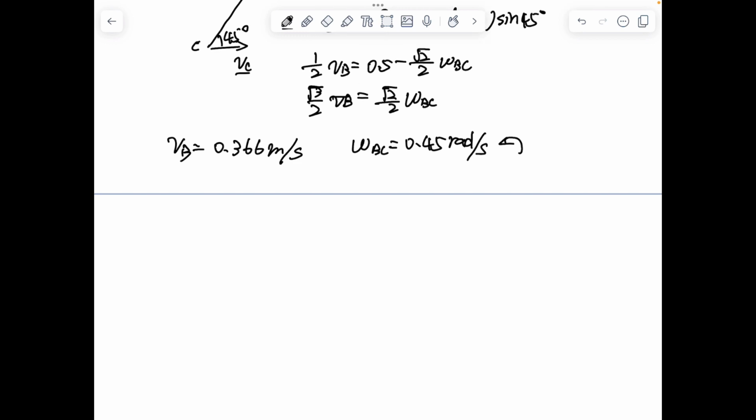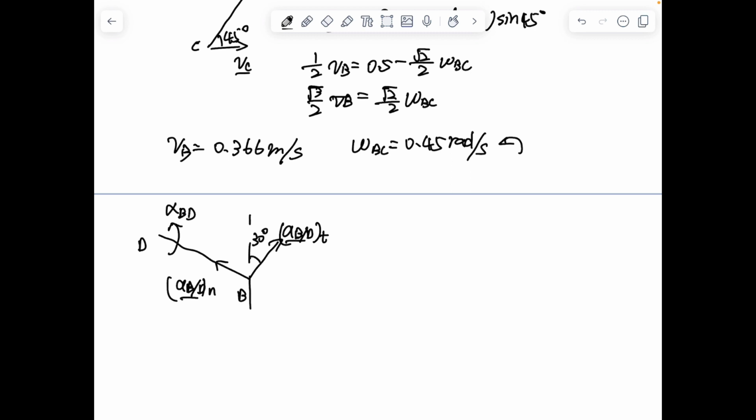So we can also do a free body diagram to the linkage BD. At point D, it has angular acceleration, we call it alpha BD. And also at point B, it has normal acceleration, we call it AB with respect to D, and also tangential acceleration. It is 30 degrees.